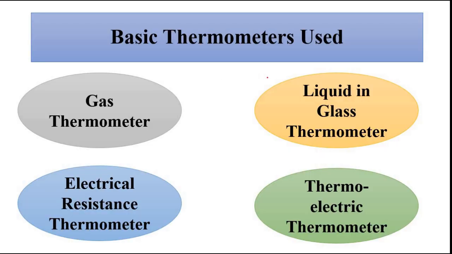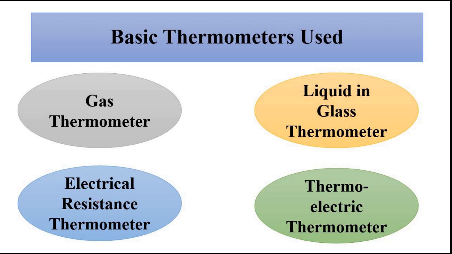So the basic thermometers which are used for temperature measurement are the following four generally, and some variation or modification of it. First is gas thermometers, second liquid and glass thermometers, which is based on thermal expansion of liquids. The gas thermometer is based on the gas equation, the gas laws.